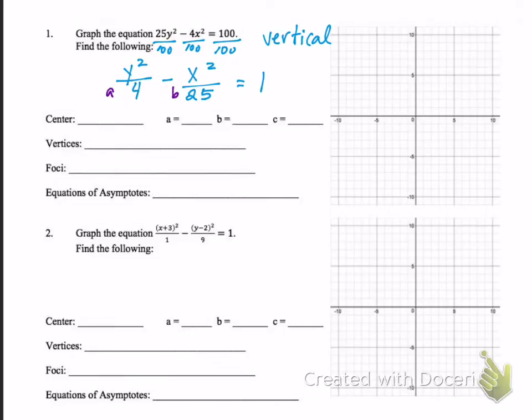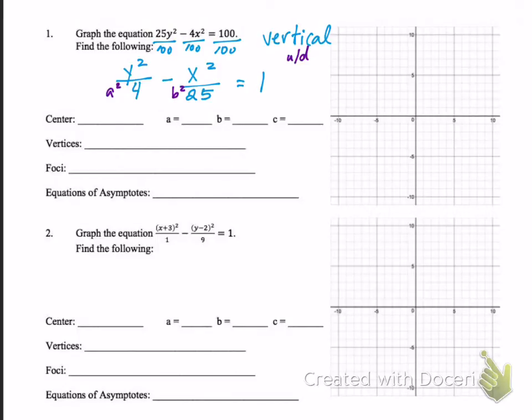Or a squared, I guess. So a squared and b squared, those never change. The only thing that changes is what goes in the top. So it's either y minus x or it's x minus y. If it's y minus x, then it's vertical, so it's going to be pointing up and down. If it's x minus y, then it's horizontal, and it's going to be pointing left and right.